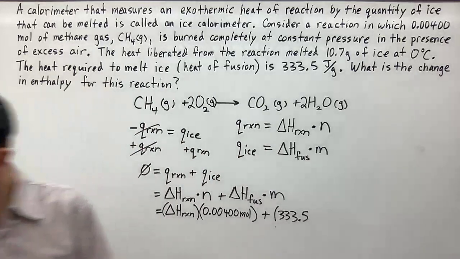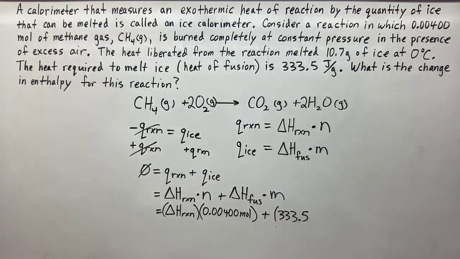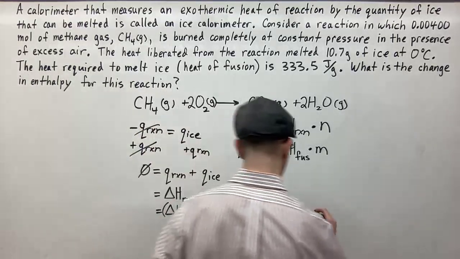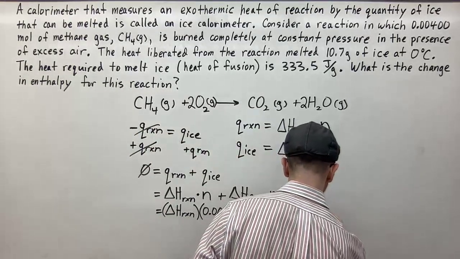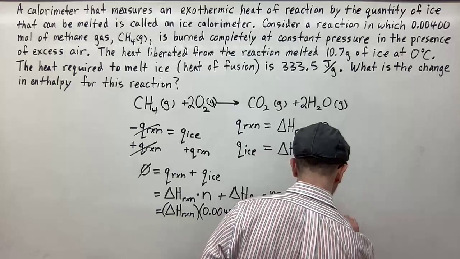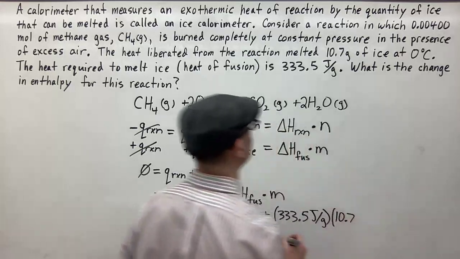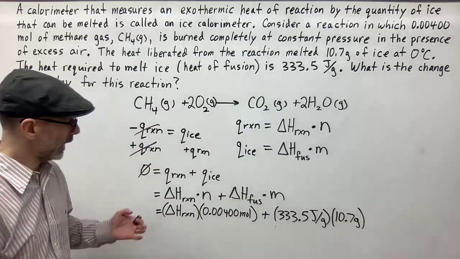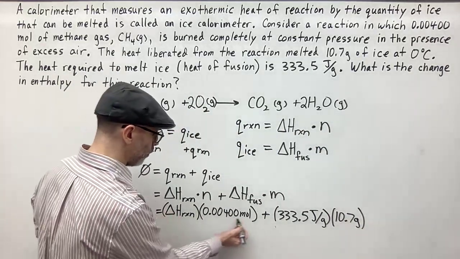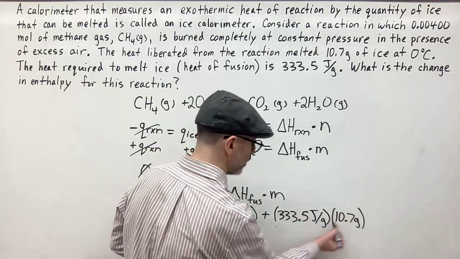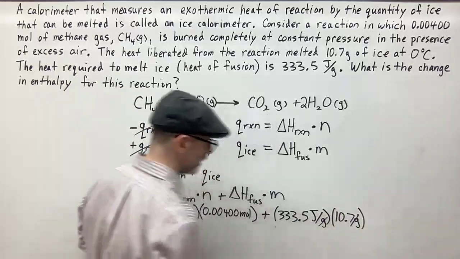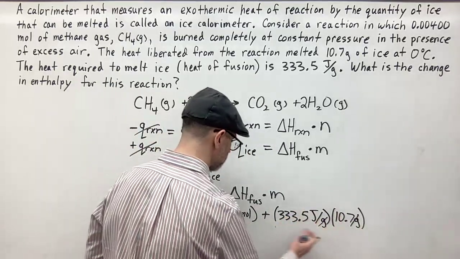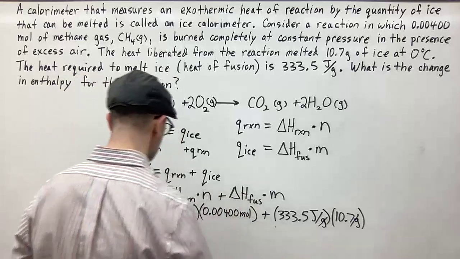Let me double check that to make sure I didn't get that wrong. Yep. Joules per gram multiplied by 10.7 grams. Excellent. Notice here we have moles. Grams are going to cancel out. We're left with joules. So now we just solve.